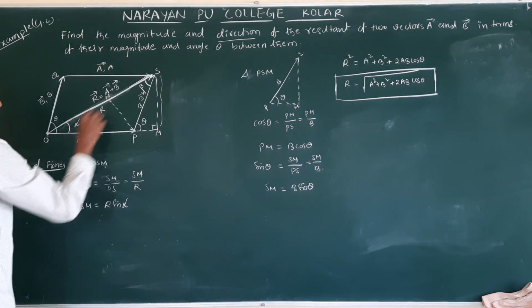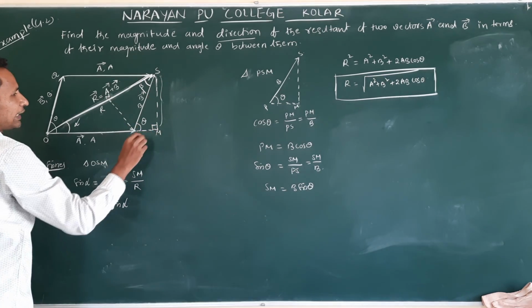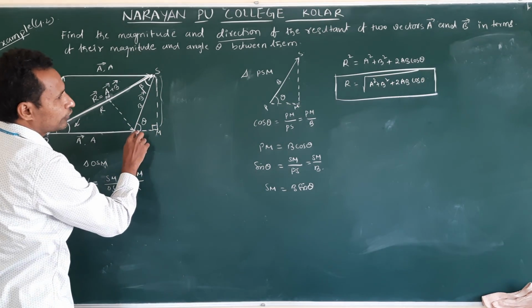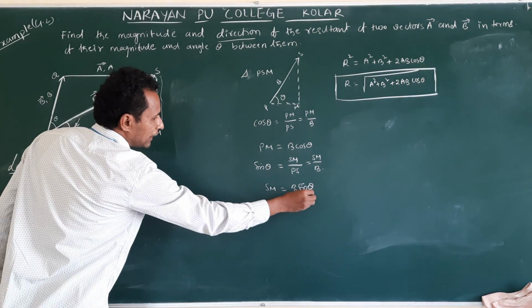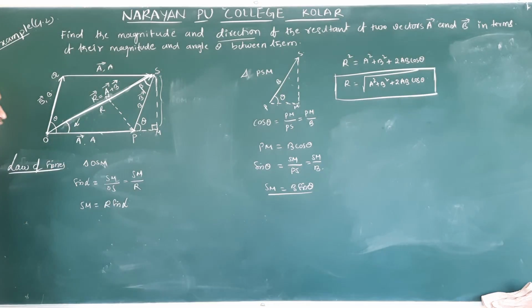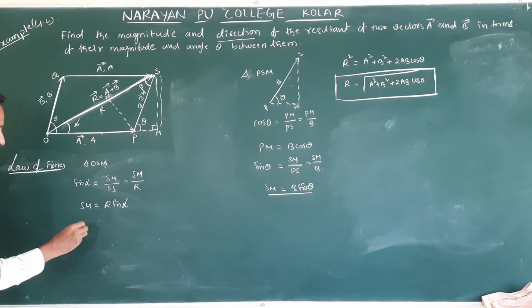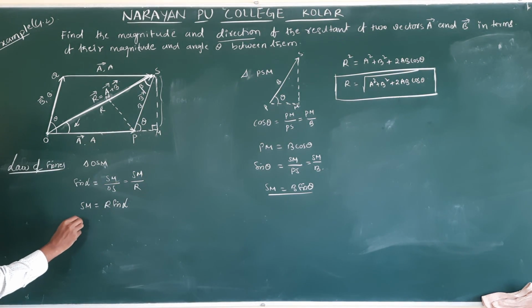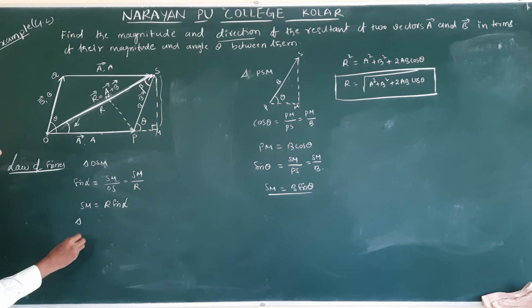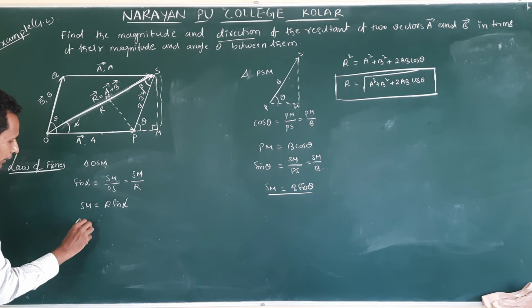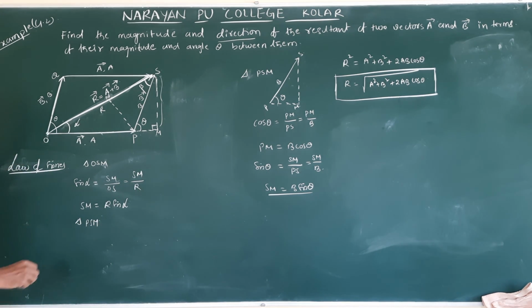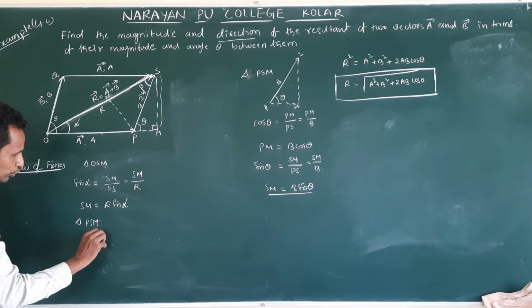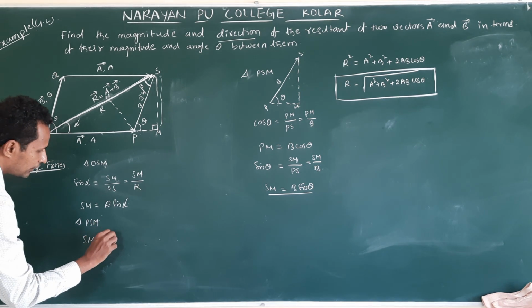In this big triangle. Now take another small triangle, PSM. In PSM, SM is equal to B sin theta.